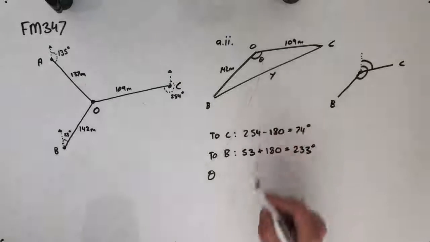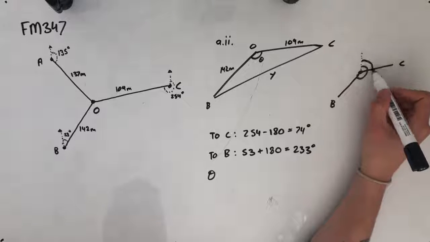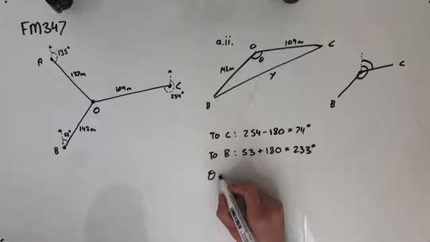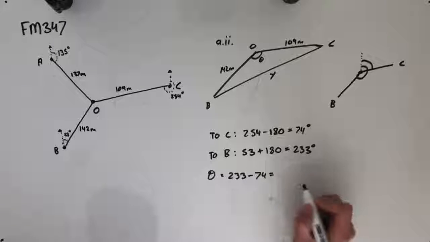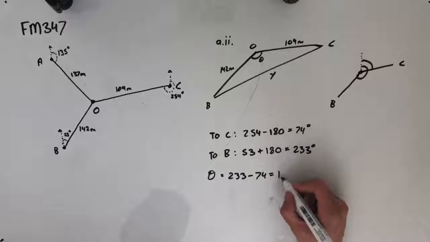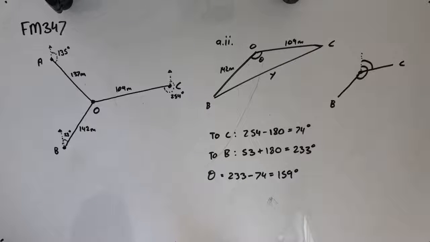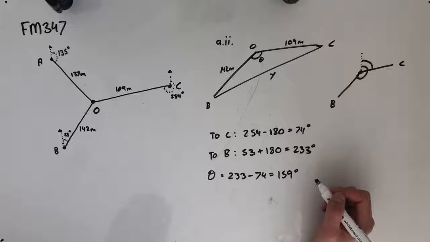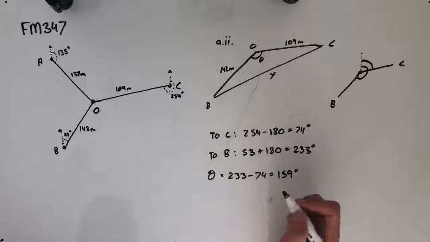So the angle that we're looking for here is going to be that 233 degrees minus the 74 degrees, and we'll be left with this portion here. So we take this 233 minus 74, and that leaves us with 159 degrees. Awesome. Now we're going to be able to use that 159 in the same way we did before.